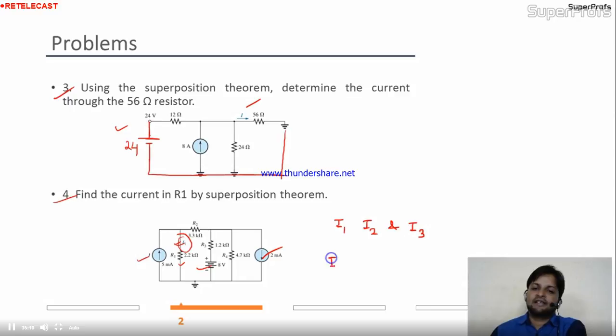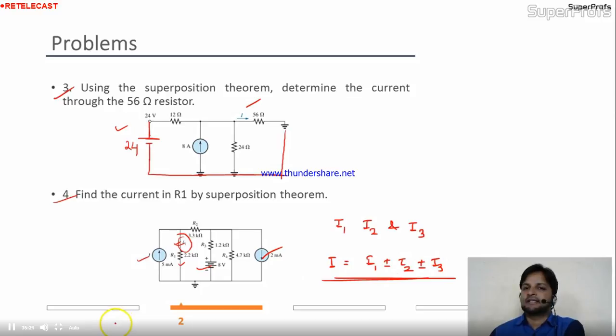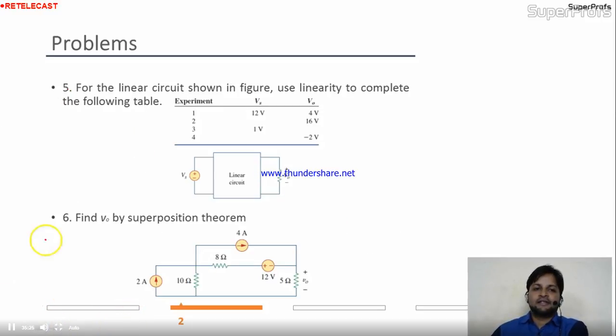At the final stage, we'll take algebraic summation of these 3 currents. Means we'll keep the direction in mind while calculating. Is it okay for you? Come to the next one. Problem 5 says, for the linear circuit shown in figure, use linearity to complete the following table. We have to use the linearity property.